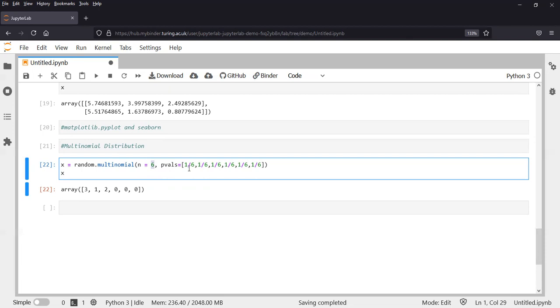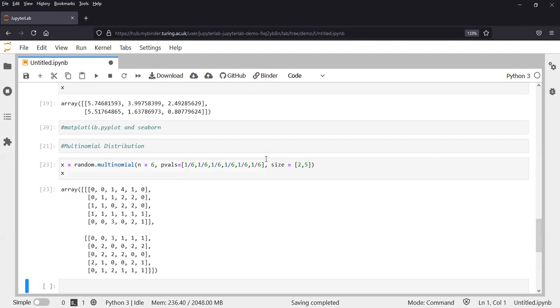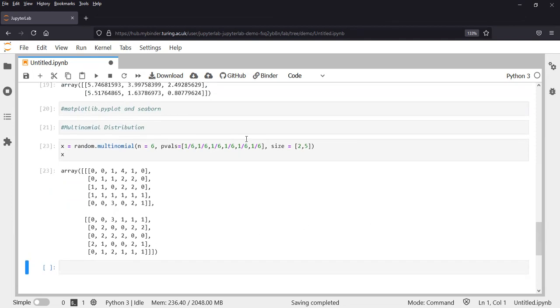Also, you could mention the size, like 2 by 5. The size is optional.